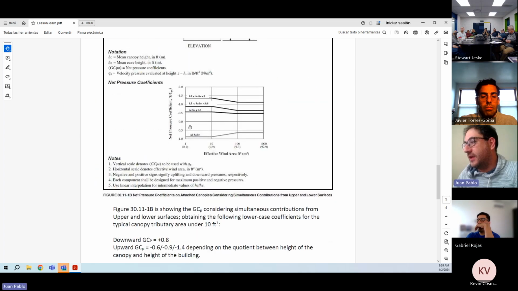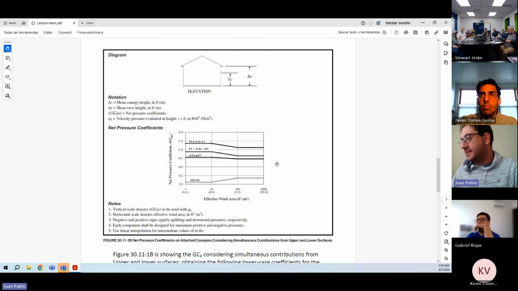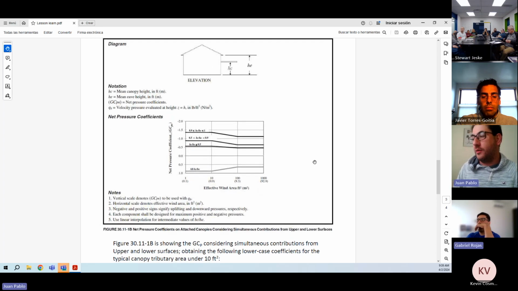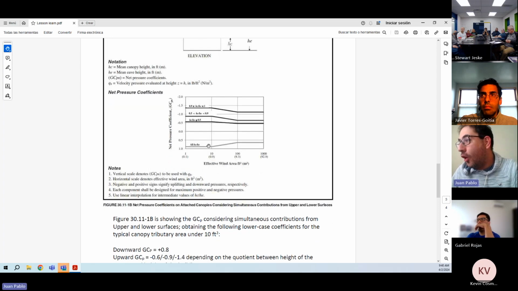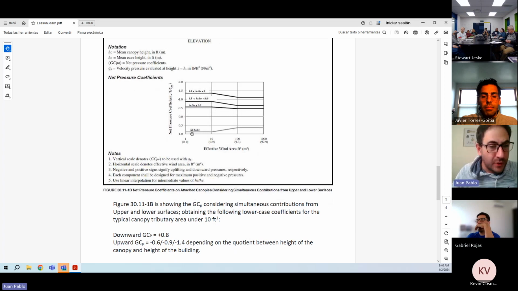So we obtain in the upper surface a bigger suction than the other ones. Then there is this figure, called 30.11-1B, that is also in ASCE 7-16. This is analyzing the contributions from the upper and lower surfaces at the same load case. As we can see, this section depends on the HE, the mean eave height, and the canopy height interaction. For all pressure loads, we have the 0.8 that we had before.